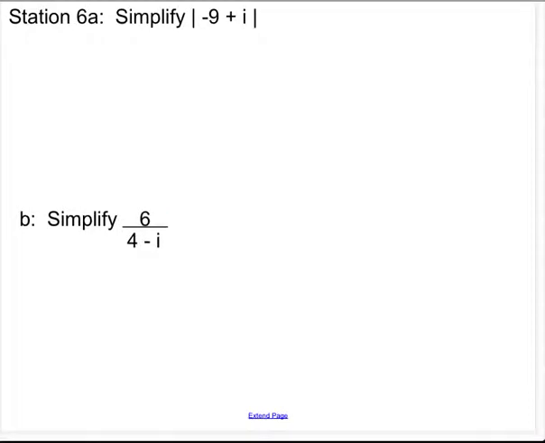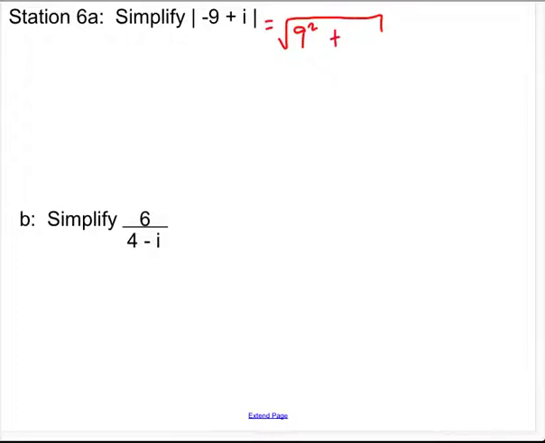And our next question is simplifying an absolute value. Remember, on a coordinate plane, absolute value is distance from 0. So we use the distance formula. Because we're looking at the origin and 0, the distance formula simplifies really nicely. So the absolute value equals the square root of 9 squared. And you can, again, drop the negative because -9 squared is the same as +9 squared.